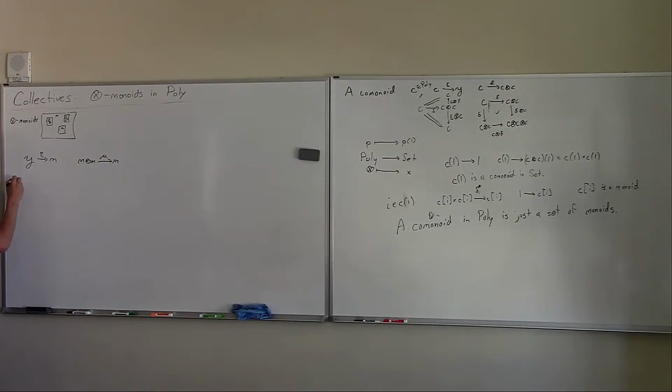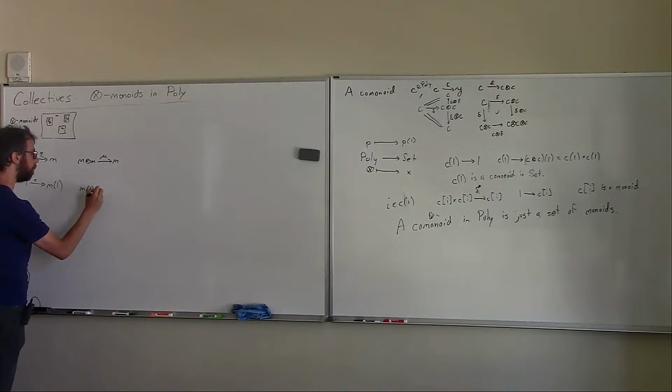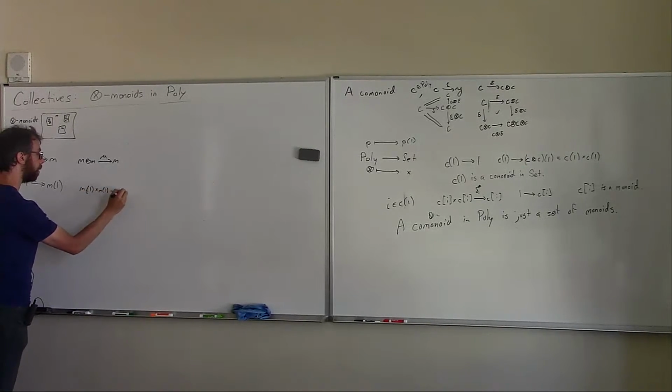First of all, if we apply 1, we get a monoid. So we get a map from 1 to M of 1, where 1 is the one-element set, and I'll call this map E. So E is eta of 1. And we get a map from M of 1, the positions, times M of 1 to M of 1.